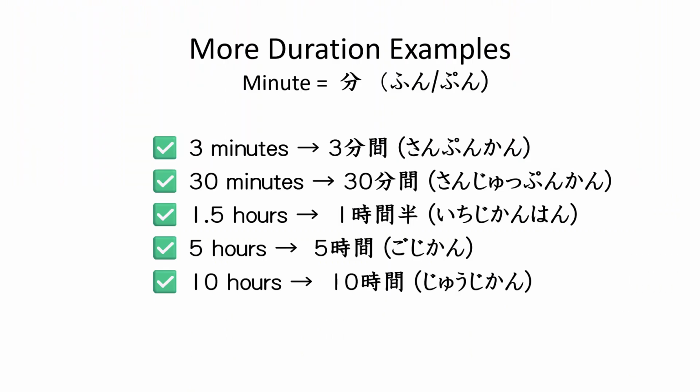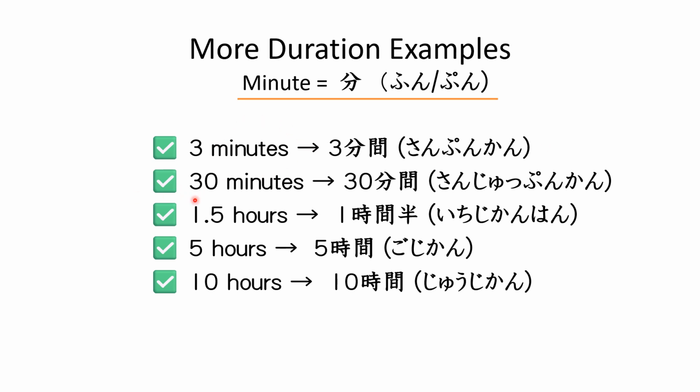When expressing short durations like minutes, we don't use the kanji for o'clock, ji. Instead, we use the kanji for minute, hun or pun, and add kan to indicate duration. To express a duration of 3 minutes, you say 3分 and add kan, 3分間 for 3 minutes.